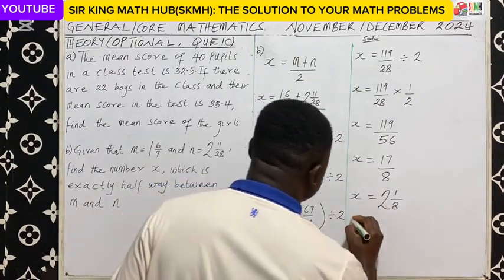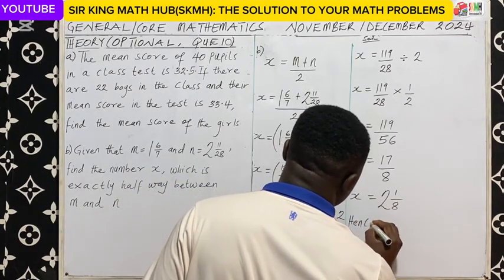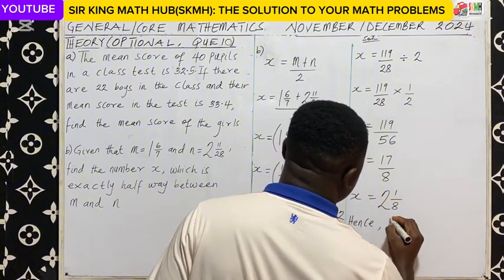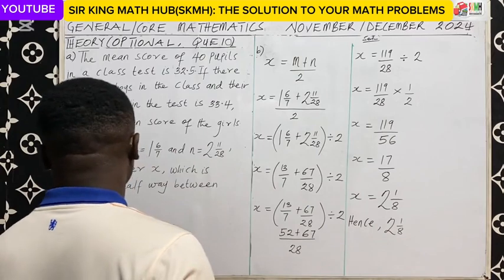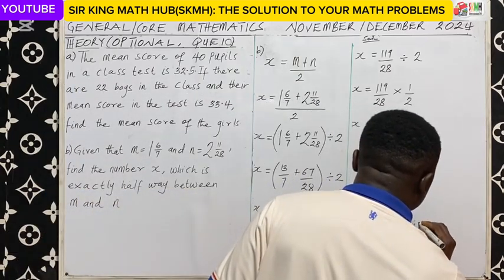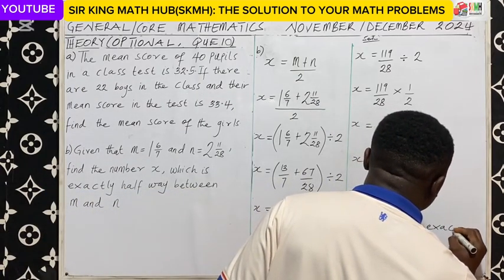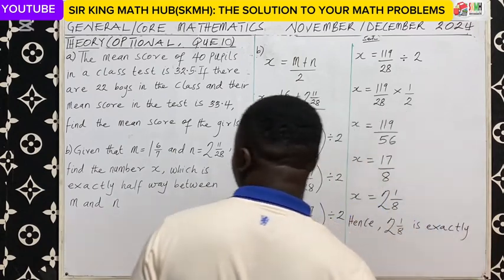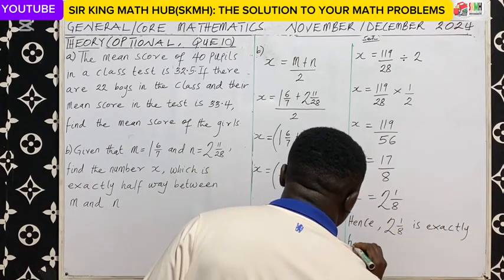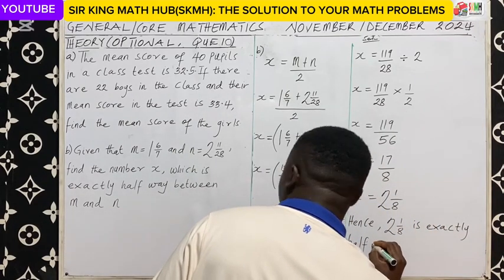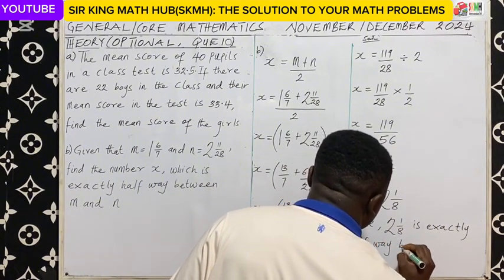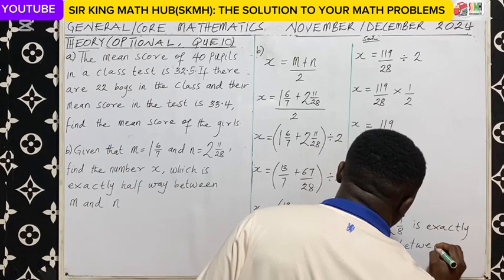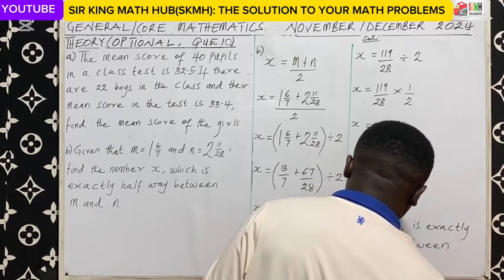So we can say that the conclusion, hence, 2 whole number 1 out of 8 is exactly halfway between M and N.